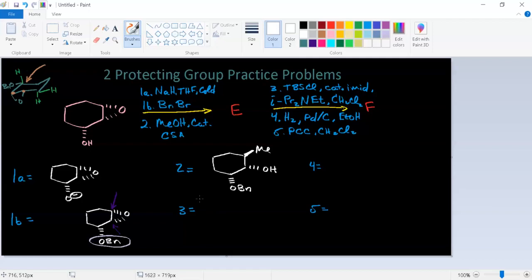So for number 3, we're given TBSCl. From the last video, we learned that TBSCl is TBDMSCl, which is just a really big, bulky protecting group for us. If we use that here, let's go ahead and protect the only alcohol that we have left.